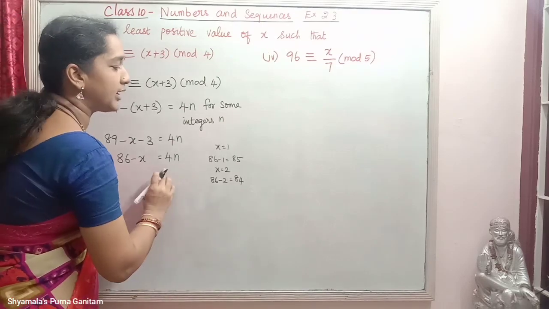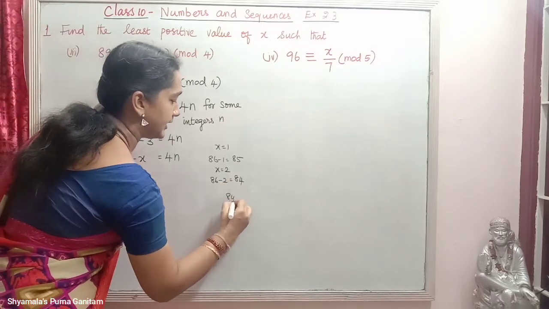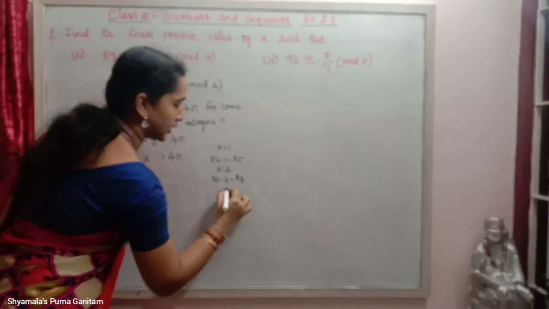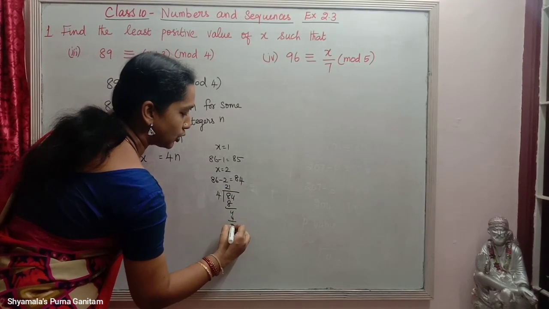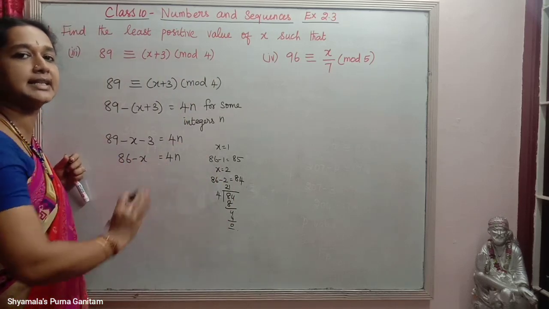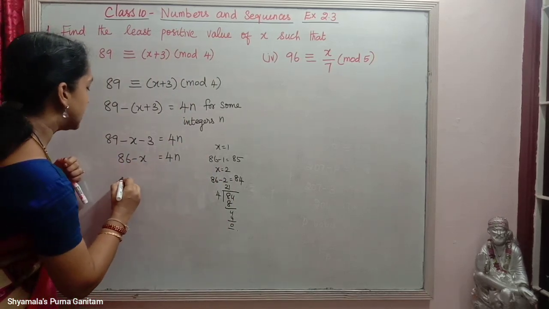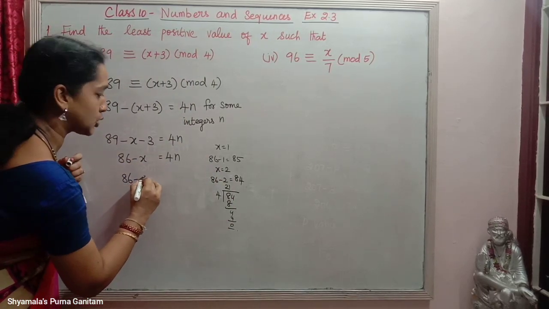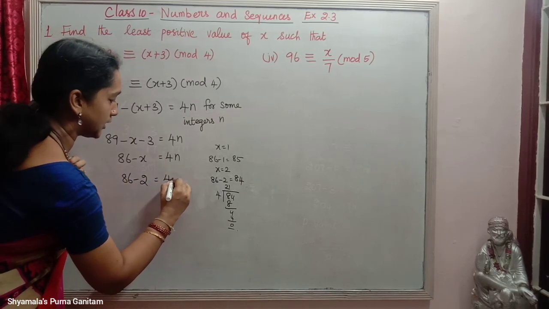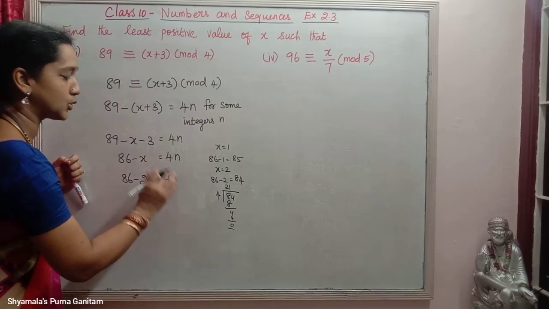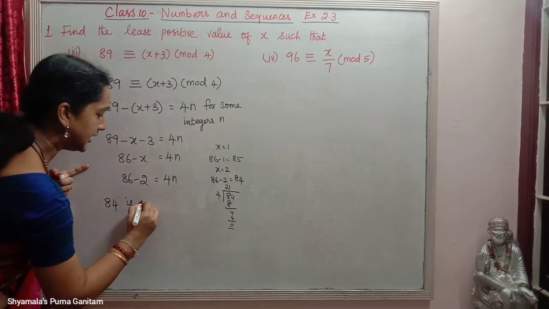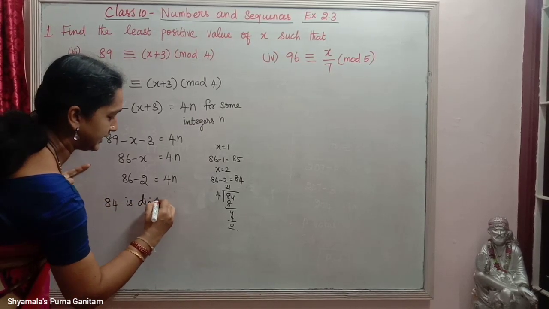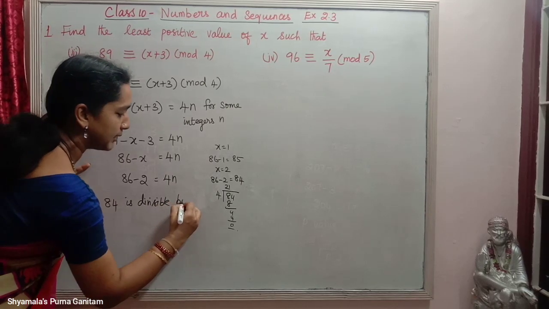84 divided by 4: 4 twos are 8, 4 ones are 4, so 21 we will get. So it is exactly divisible. So 86 minus 2 is equal to 4n, that is 84 is divisible by 4.